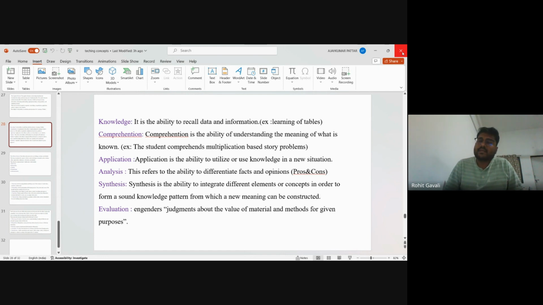Then we will be able to analyze it, and then synthesize whatever we have learned by our own experiences. Only then we evolve for better things. For example, this is applicable for me, this is not applicable for me. That knowledge will come only when we implement it in our life.